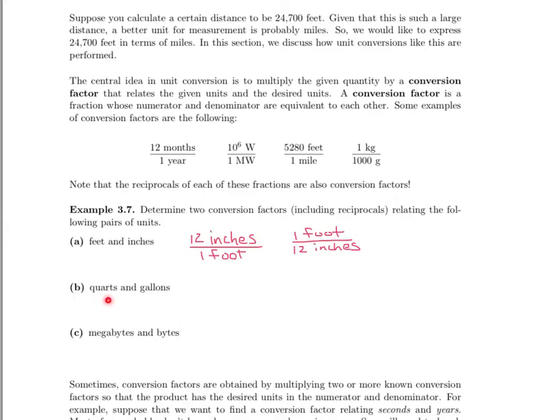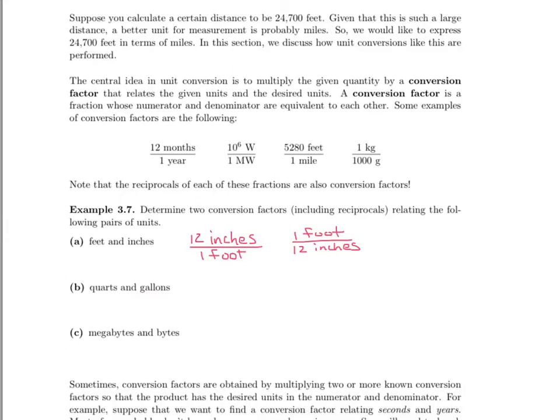Now let's go ahead and look at a conversion factor relating quarts and gallons. So we ask the question, how many quarts are in a gallon? You may or may not know this, but there are 4 quarts in 1 gallon. So a conversion factor relating quarts and gallons would express this fact.